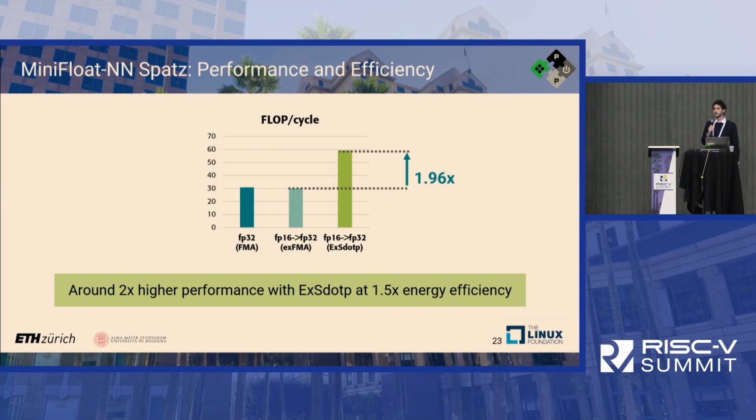Also in this case, the support for expanding sum of dot product proved to be very useful because we were able to outperform the expanding fused multiply-accumulate by 1.96 times, since here we are doing basically twice the work every cycle. And we also had an energy efficiency improvement of around 50%.